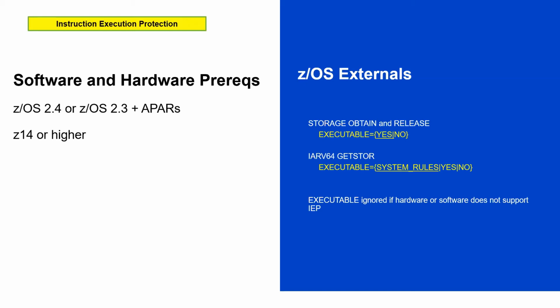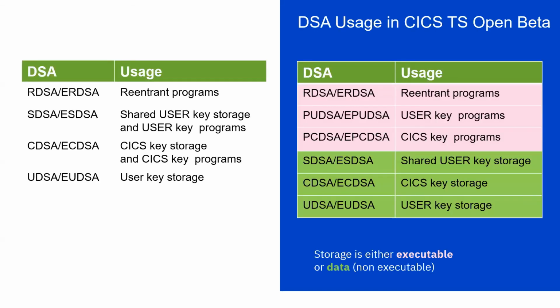Now, customer CICS applications don't use MVS GETMAINs or STORAGE commands. They use CICS storage. So what you'll see here on the left-hand side is the way that CICS manages that storage. It manages it in things called DSAs.